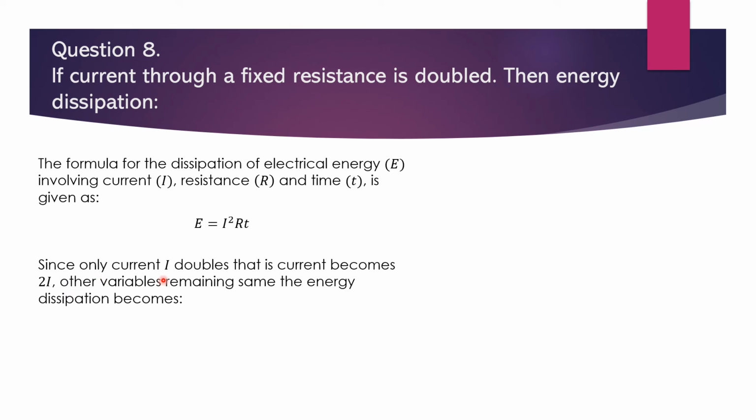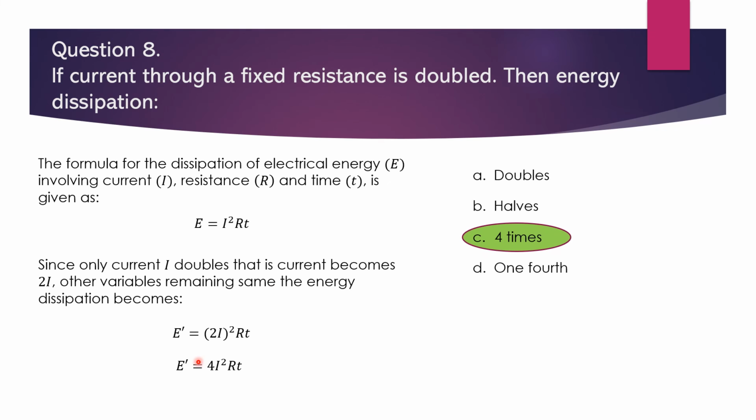Since only current I doubles, that is, current becomes 2I, other variables remaining the same, the energy dissipation becomes E dash equal to (2I) square R t. Now squaring this 2I results in 4 I square R t. Again, I square R t is the same as our original energy. That means our energy becomes 4 times the original energy once current is doubled.